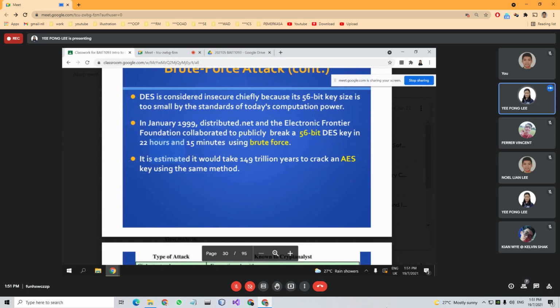That is too small, especially for today's powerful supercomputers. This happened in the year 1999.